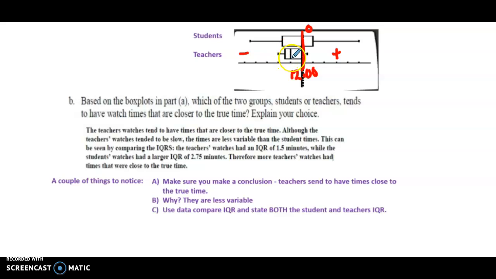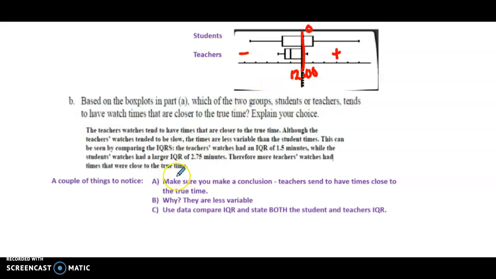They're less variable, which means they're closer to that time. We can also take a look at the IQRs right here. The IQR of the teachers was 1.5 minutes, which was not that large. However, the students' IQR was 2.75 minutes. So therefore, they were further from the actual true time.